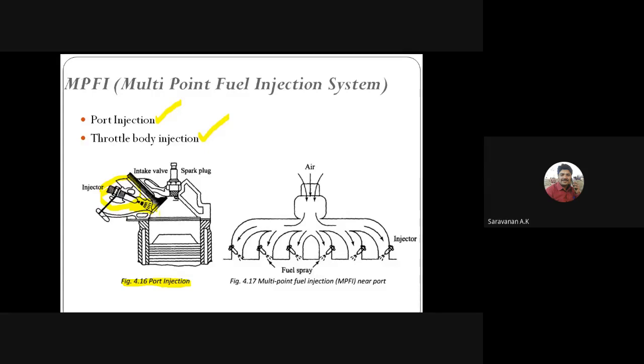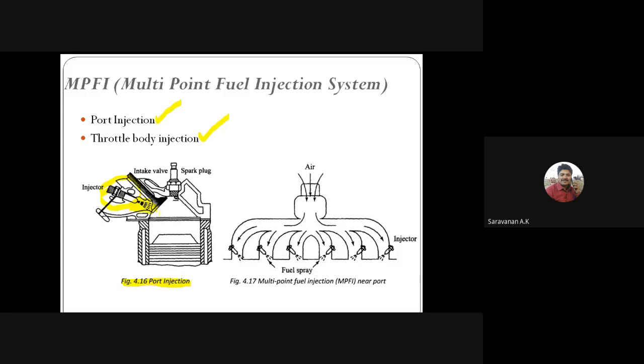The injector sprays the air-fuel mixture into the cylinder in a reasonably uniform manner. Is it clear?